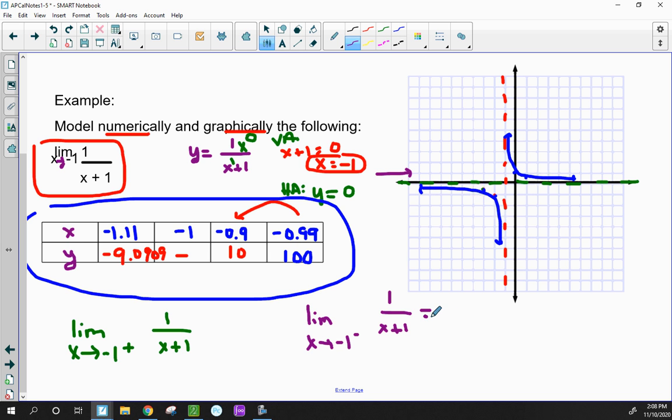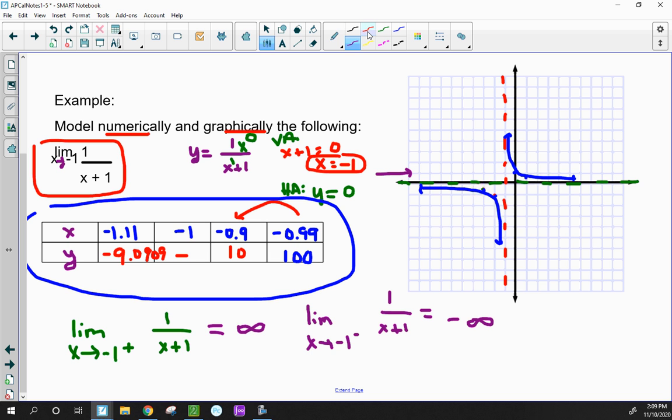So here's pretty much the breakup of this. If this is a one-sided limit approaching on the right side, we know that as the graph gets closer to -1 on the x-axis, the y's are not going to be a finite number. It's just going to keep rising to positive infinity. On the left side, we notice the graph is reaching the asymptote, but it's going downward, so this answer would be a negative infinity limit.